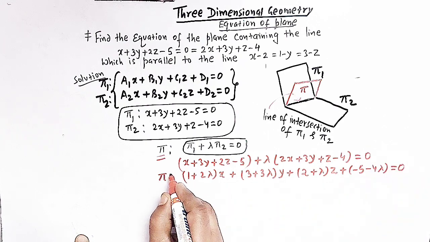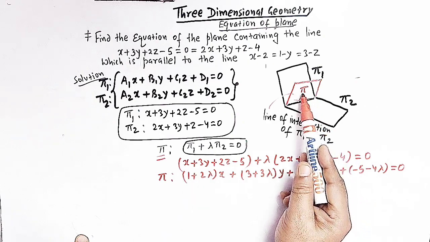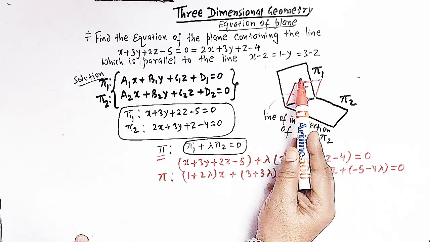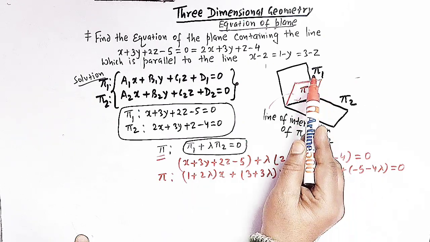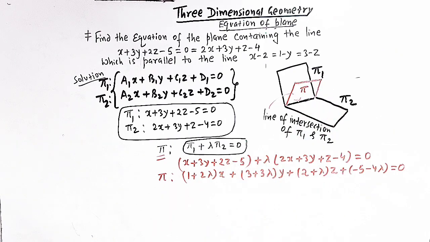So this is the equation of the plane pi which passes through the line of intersection of these two planes, pi 1 and pi 2.